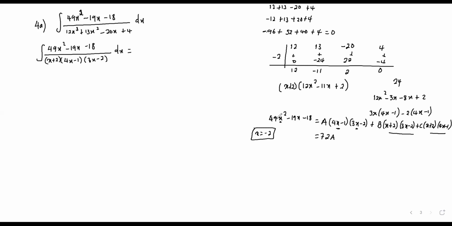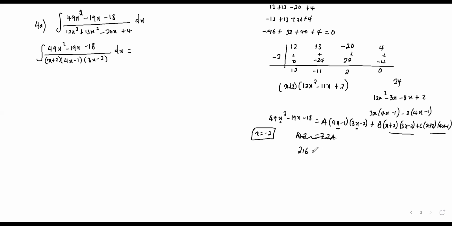Then minus 18, plus 38. Minus 18. So it's 216.